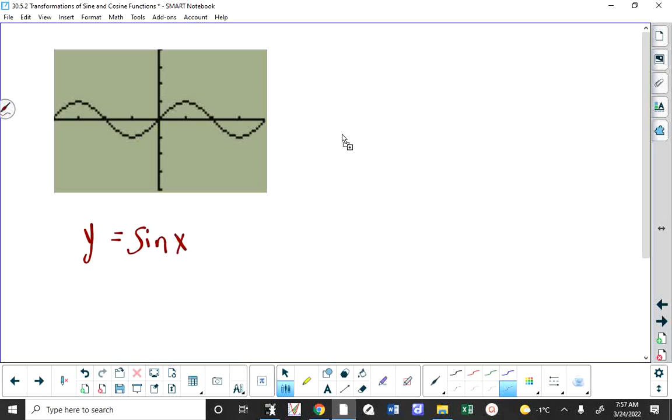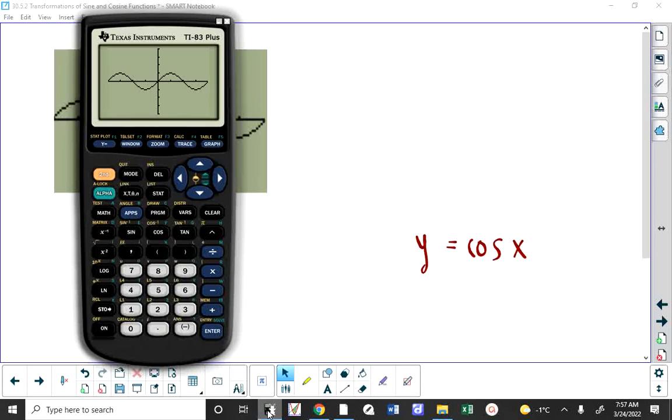If I wanted to look at the graph of y equals cos of x, I could use my calculator. The hope here is that you don't have to use your calculator in order to understand what these look like, but in order for me to show them to you, this is probably the quickest way to do it. And if you're ever stuck on an exam, you start to sweat and you panic, you could always use your calculator to remind you of what these graphs look like.